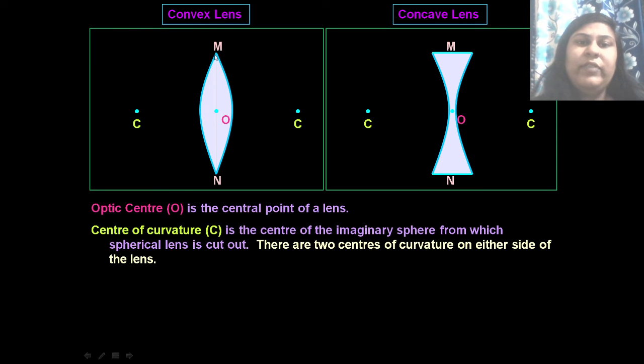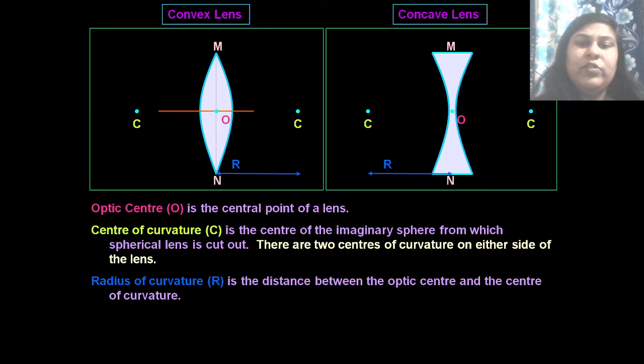If we complete the sphere, this is one part and this is the second part, so that's why the lens has two centers of curvature: the first center of curvature for this surface and the second center of curvature for this surface. Similarly for the concave lens also. Third, radius of curvature: the distance between the optical center and C is known as the radius of curvature.